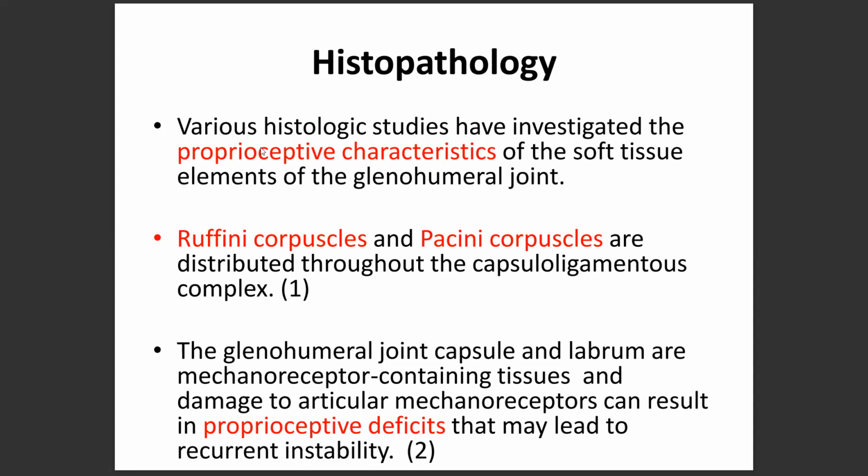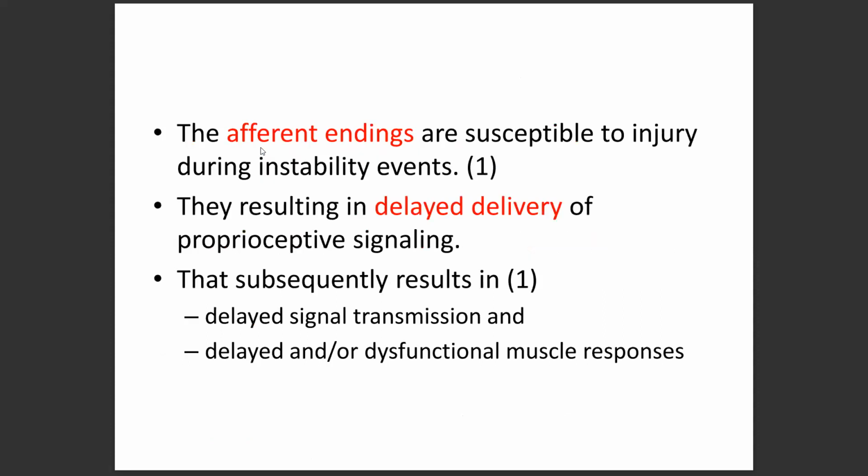The Ruffini corpuscles and the Pacinian corpuscles are distributed throughout the capsular ligamentous complex. These are mechanoreceptors, type 1 and type 2, and they are present in the capsule and in all ligaments. The glenohumeral joint capsule and labrum are mechanoreceptor-containing tissues, and damage to articular mechanoreceptors can result in a proprioceptive deficit that may lead to recurrent instability.